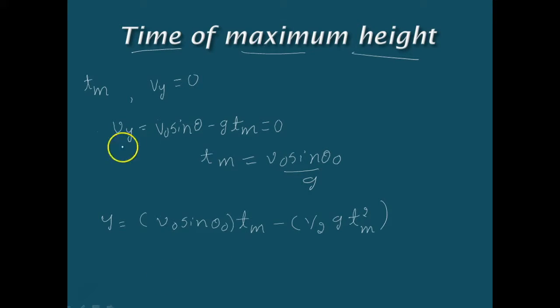So we will get the total time Tf given by 2 into V naught sine theta naught by g. So when we throw a projectile, it will reach the maximum height, and again it will come back, isn't it? So that total time is given by 2 into V naught sine theta naught by g.